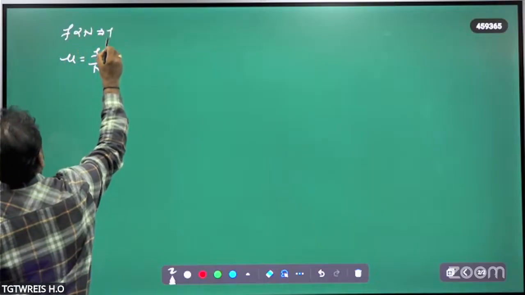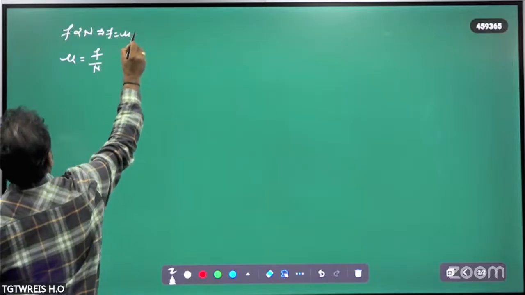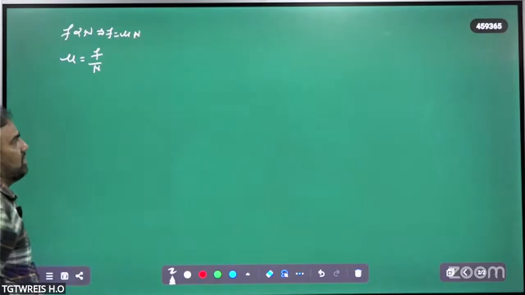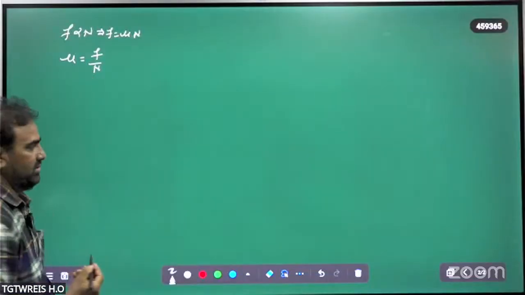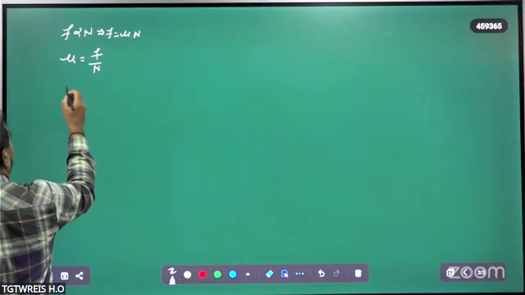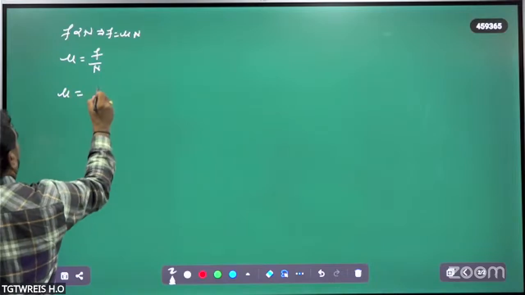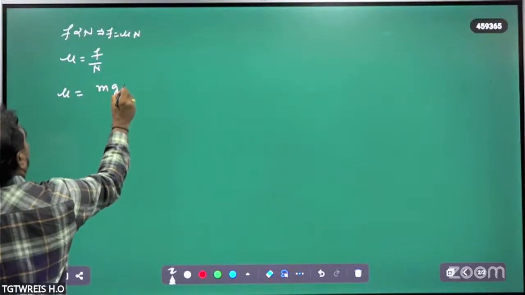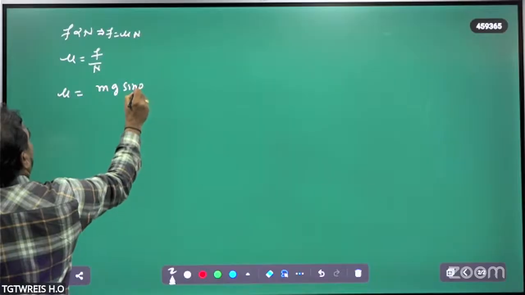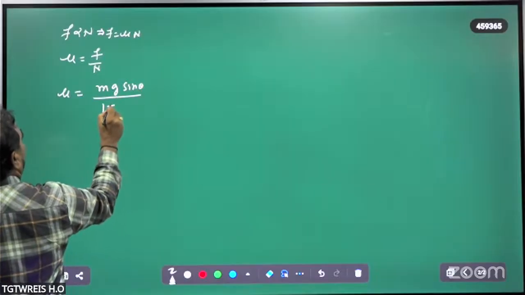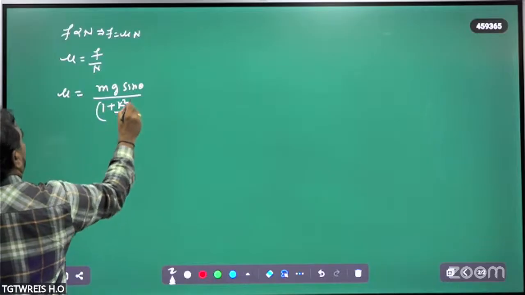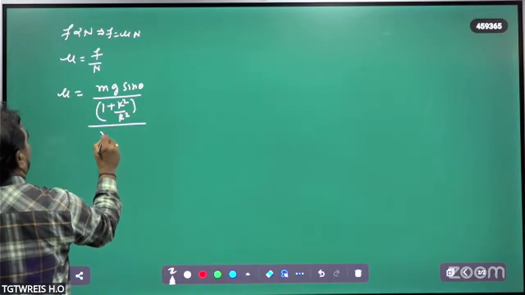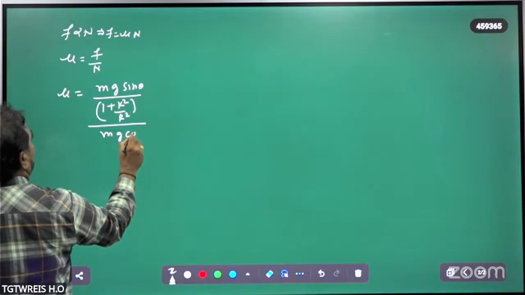From this, the friction force is equal to some coefficient into the normal reaction force. So mu is equal to F upon N. But what is the value of F? F value is mg sin theta upon 1 plus K square upon R square, whole divided by mg cos theta.